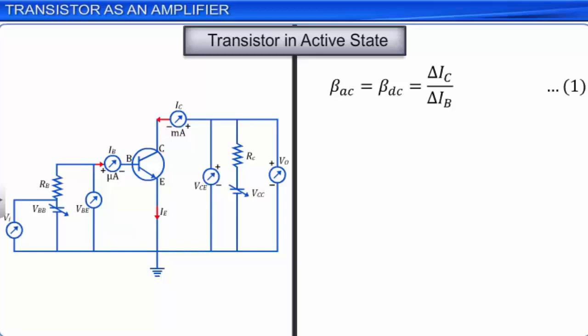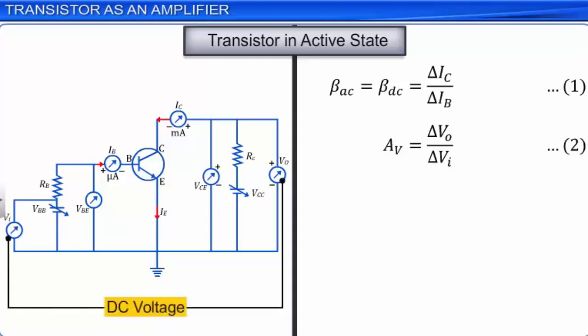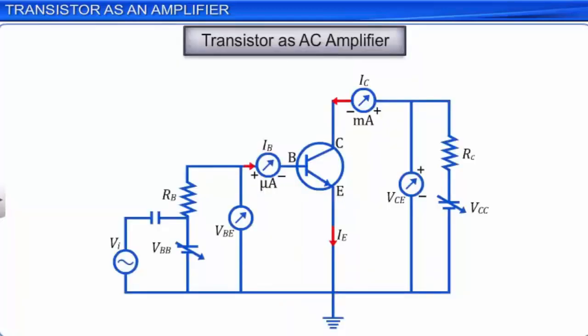And the voltage gain AV is equal to delta VO by delta VI. Let this be equation 2. These expressions are applicable to the transistor as an amplifier of DC voltage. Now let us look at the transistor as an amplifier of AC voltage.